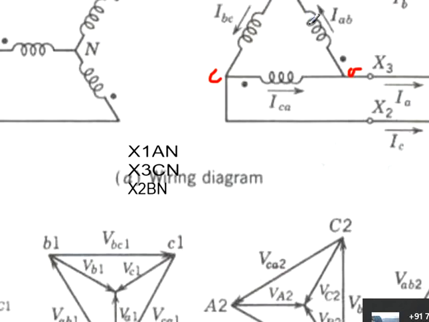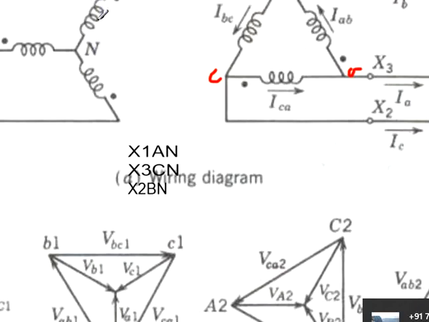Now VA1N is nothing but the phase voltage between A and N. So instead of that, for everything I will not use N. I just omit N and simply use VA1, VB1, VC1.